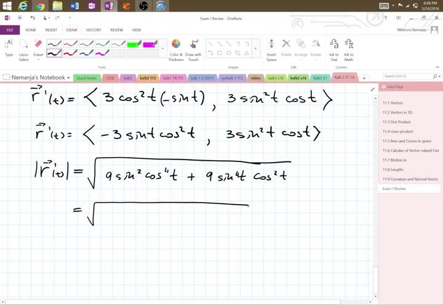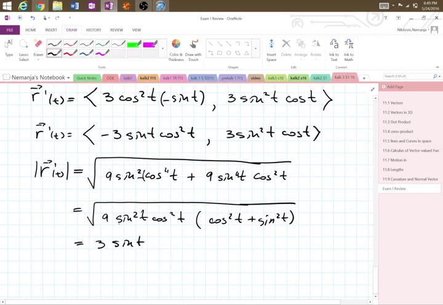We can factor out 9 sine squared t cosine squared t, and what's left is cosine squared t plus sine squared t, which is 1. So 3 sine t cosine t is the magnitude.